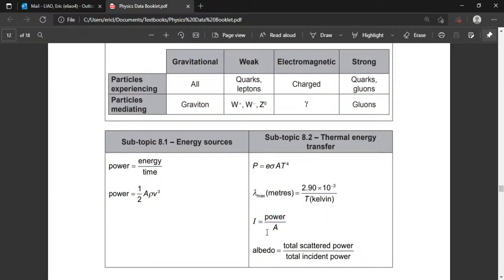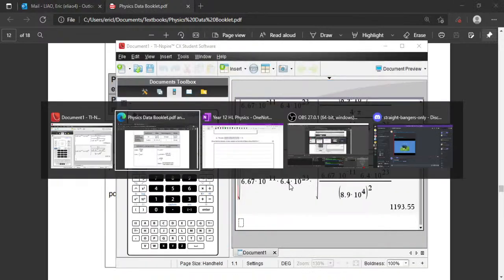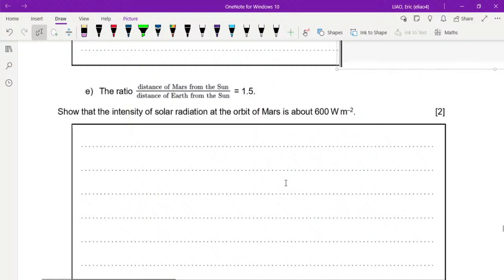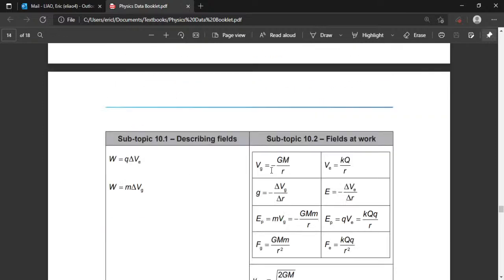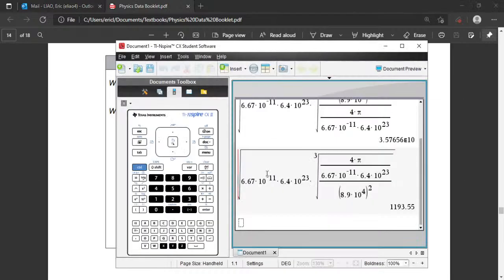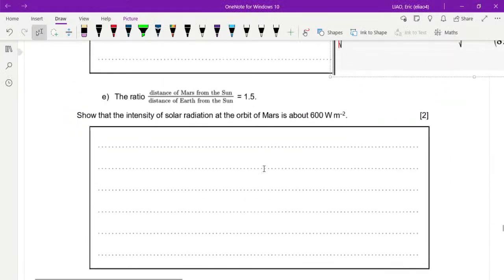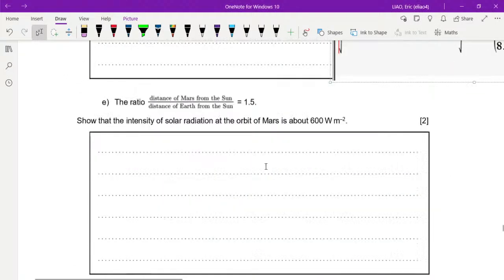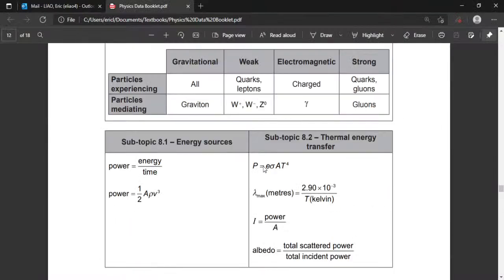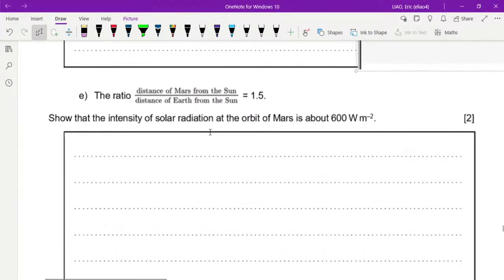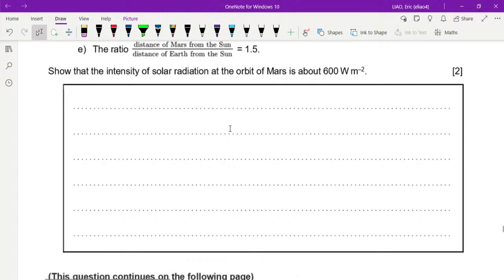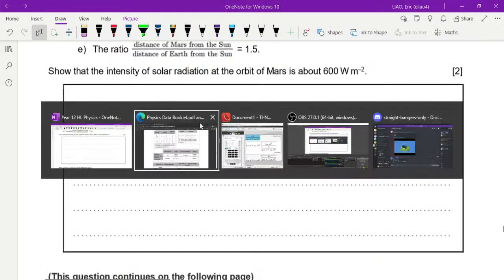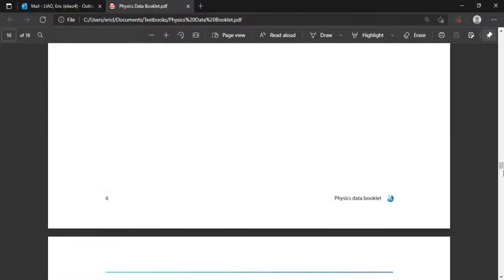I is power of area. We have a solar constant that's given in the data booklet.